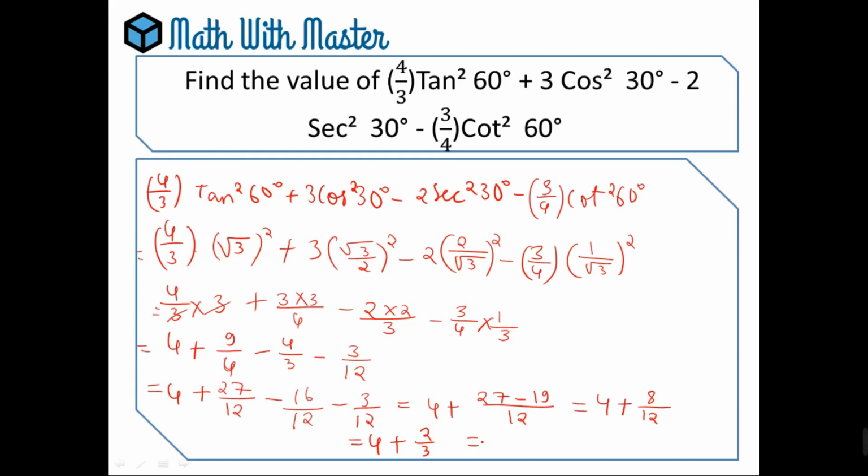For 4 we can write 12 upon 3, plus 2 upon 3. So the answer is 14 upon 3. This should be your final answer.